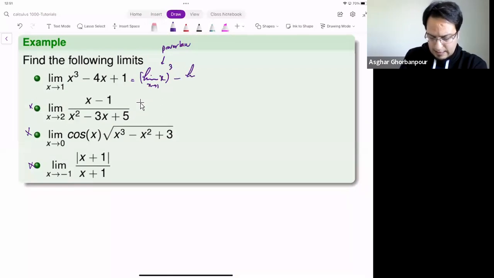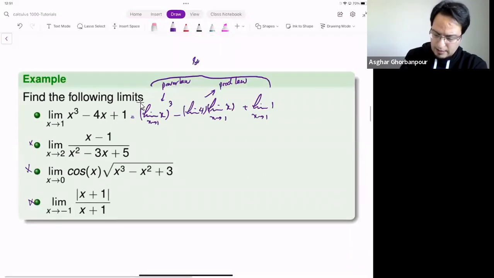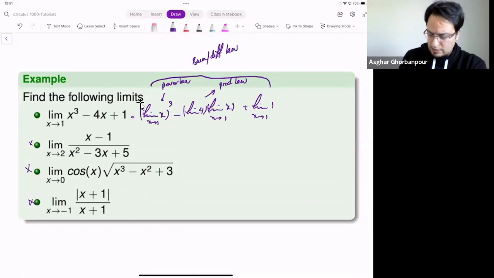Then this is the product law, and this whole thing is the sum and difference law. So that will give me 1 cubed minus 4 times 1 plus 1, and that will give me 1 minus 4 plus 1, which is negative 2.